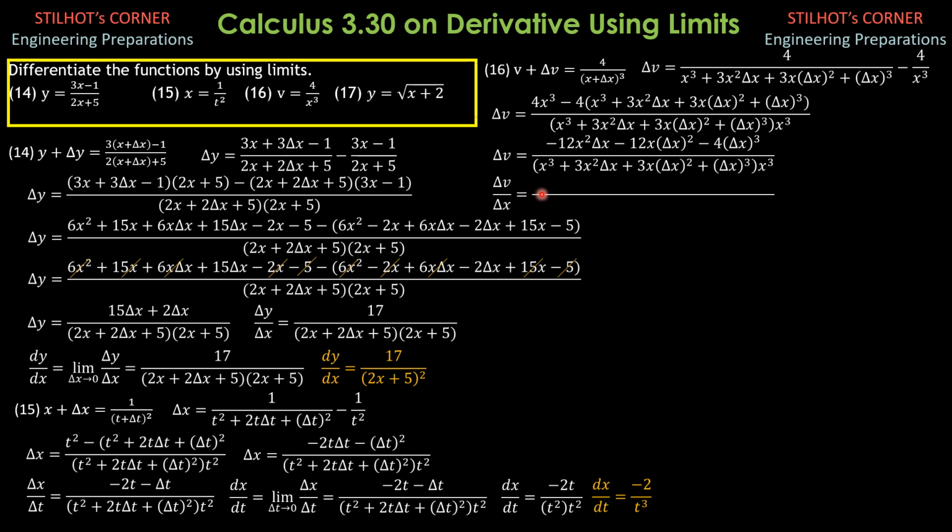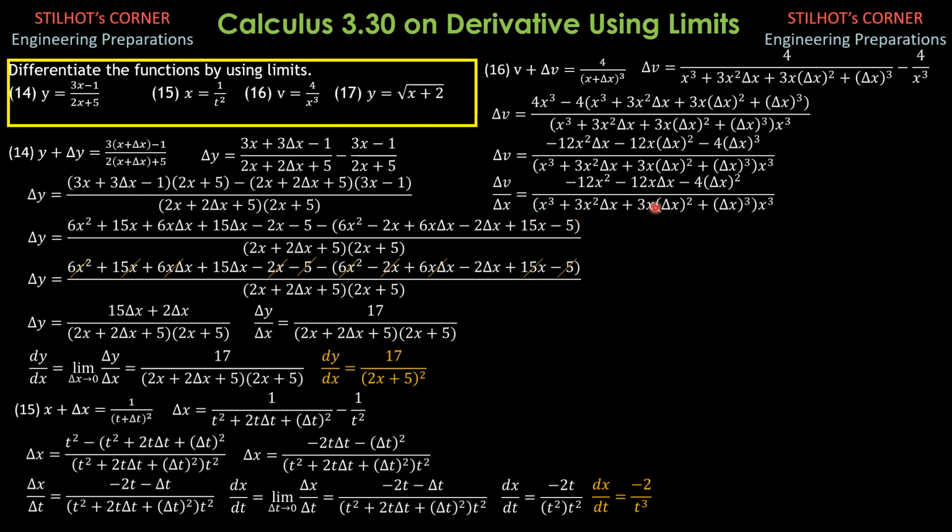So delta v over delta x equals negative 12x squared minus 12x delta x minus 4 delta x squared all over, copy the denominator. Then the limit of this ratio as delta x approaches 0 is the derivative of v with respect to x.